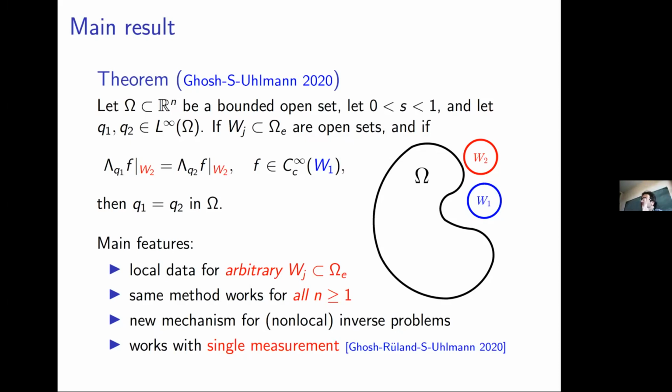And maybe some last question. Is there a way to choose the f, the best f in some sense, to get the best stability in the inverse problem? Does that make sense? Yeah, that's a good question, and we don't know.